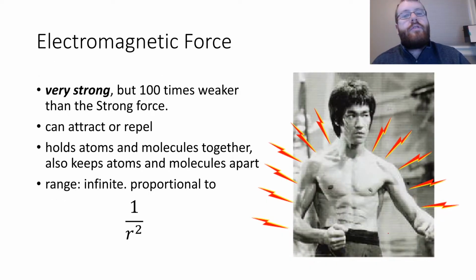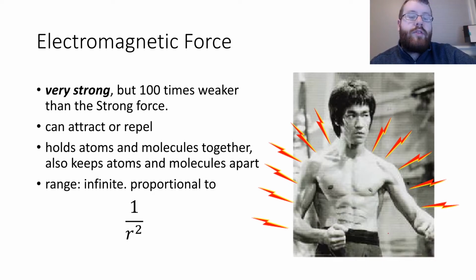The electromagnetic force is the next strongest force that we have. It's 100 times weaker than the strong force. However, it is still quite noticeable. One notable thing about the electromagnetic force is it can attract or repel. The strong force only attracts, only pulls things together, whereas the electromagnetic force can attract, which we see between protons and electrons, but it can also repel, as we see between electrons and electrons.